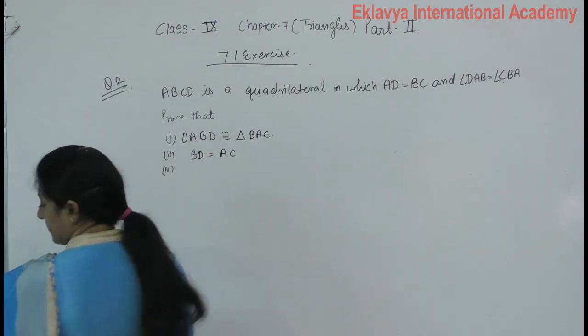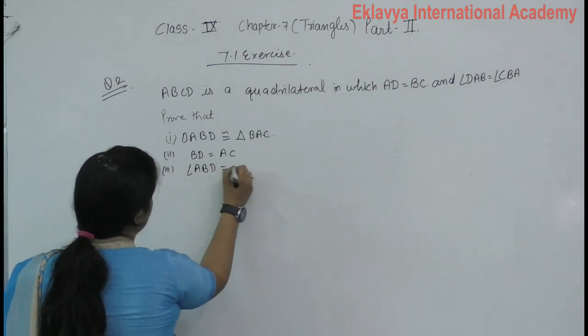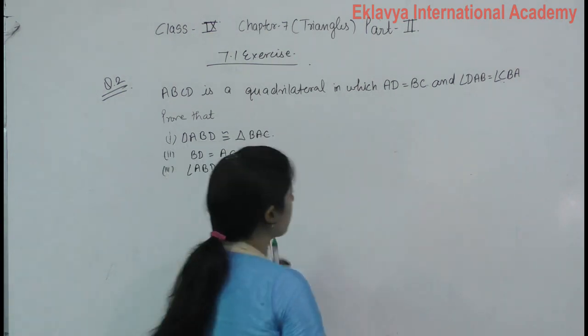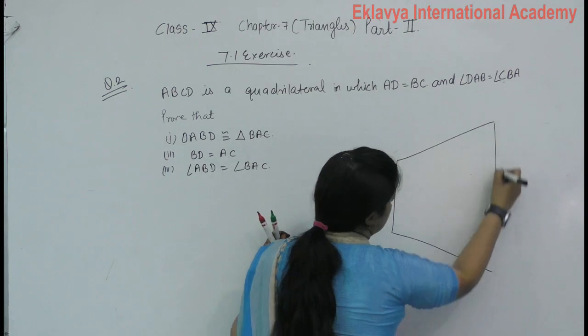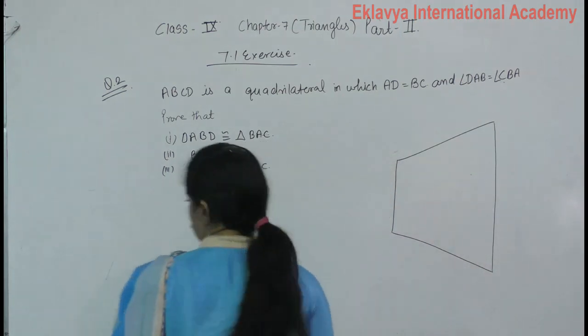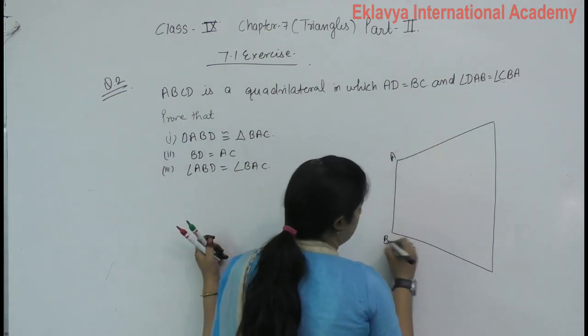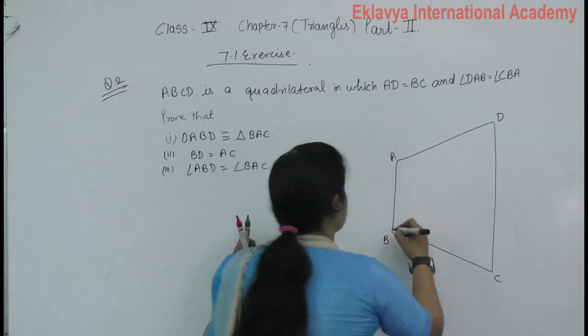Third, angle ABD is equal to angle BAC. Diagram is given to you like this: ABCD with diagonals.